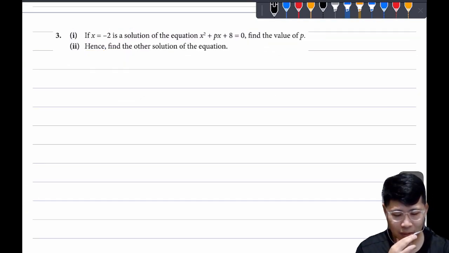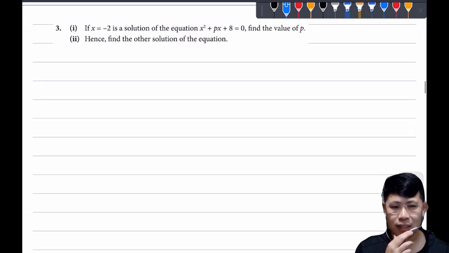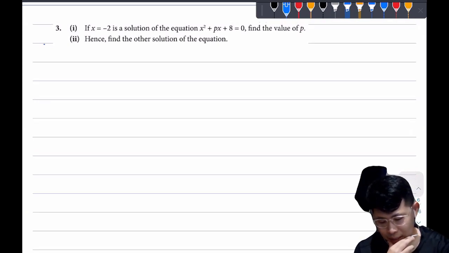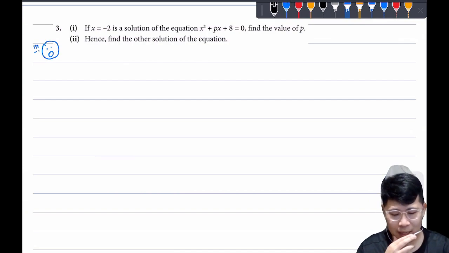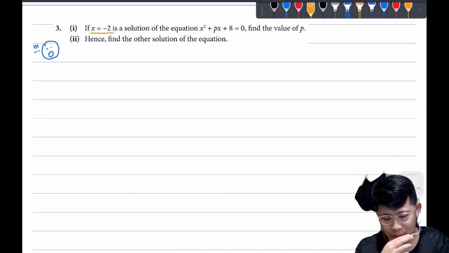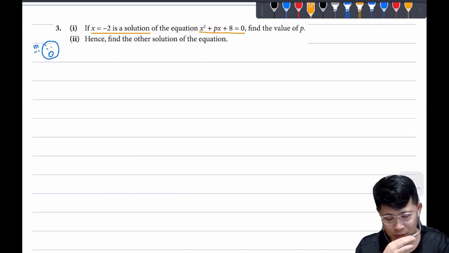Okay, so last but not least for this video, for question 3. Now I'm going to put a short pause over here, because this is a very important skill that we need to know. So what are we saying here? x equals negative 2 is the solution of the equation x squared plus px plus 8 equals 0.